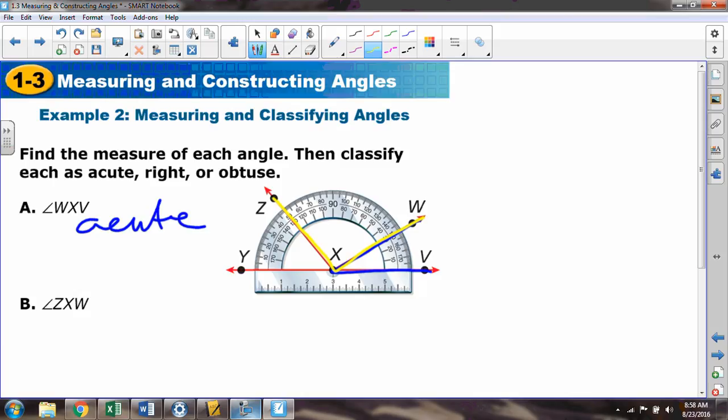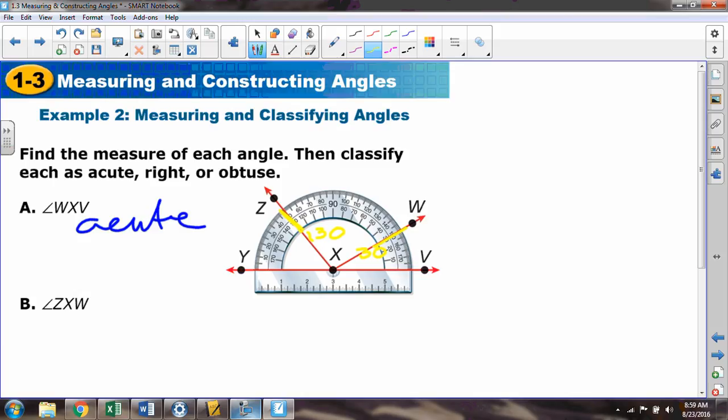Beginning with this piece, where does the angle begin on our protractor? Looking at the number, right there is at 30. Coming up, it comes toward here, ending at 130. So how big is it?